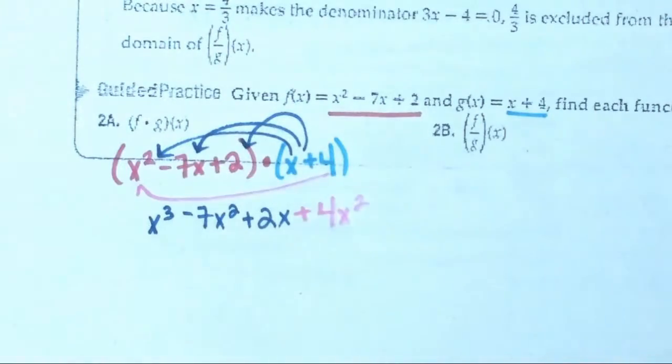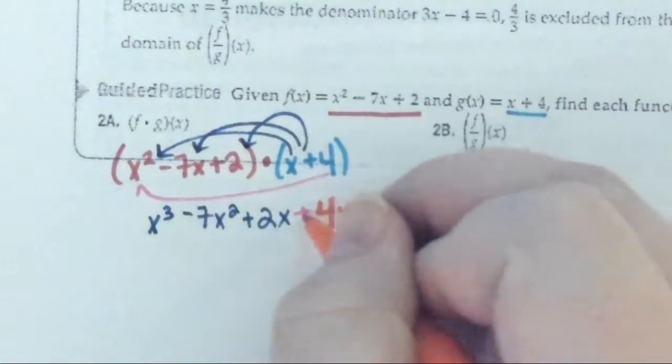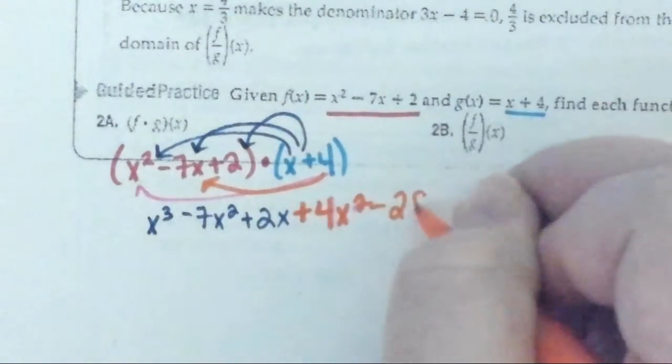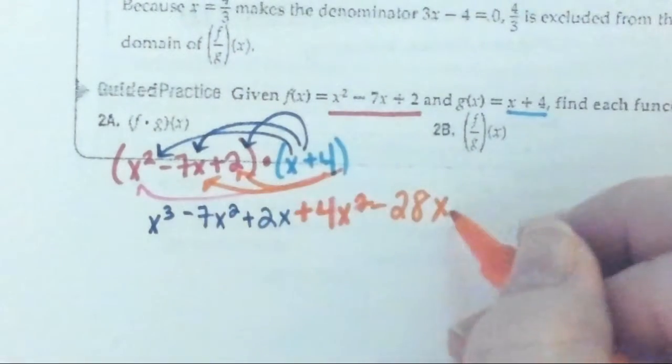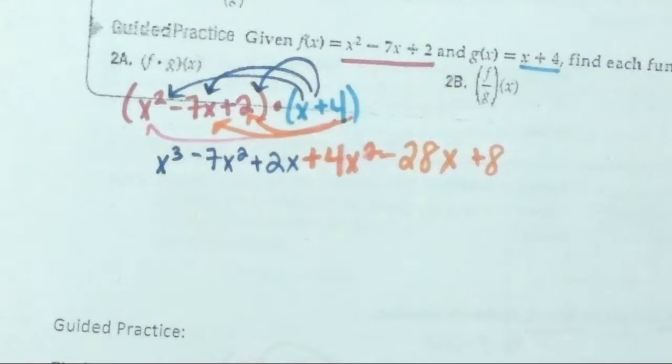I need to not write in that color anymore. 4 times negative 7x, I get negative 28x. 4 times 2, and I get 8. And I'm almost done. I just have to combine those like terms.